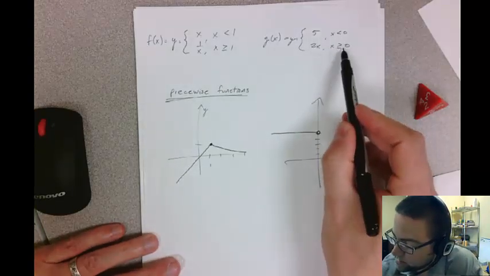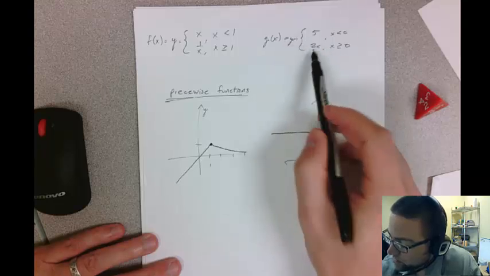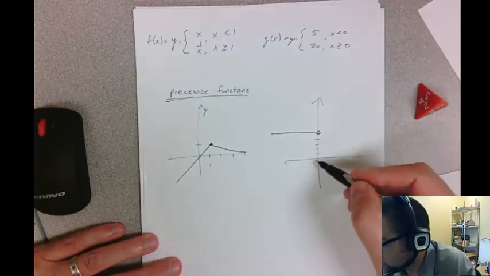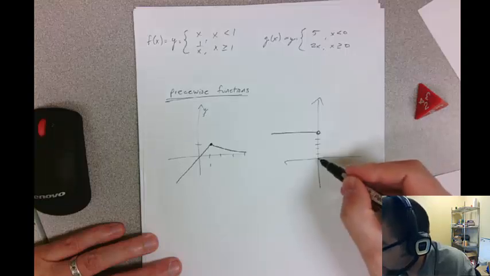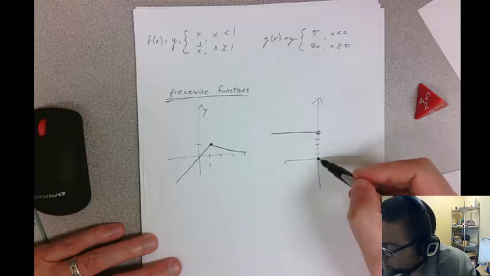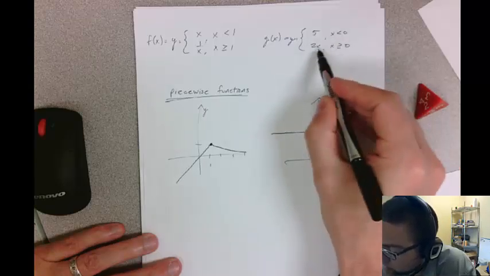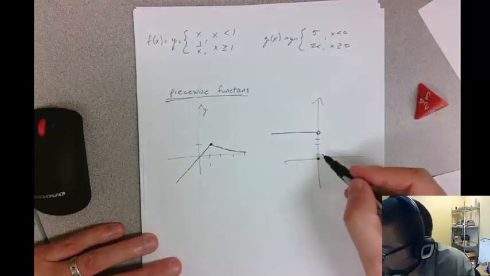And then when x is equal to 0, we go to this function, y is equal to 2x, which is a line going through the origin. So we're going to do a filled-in circle there. When x hits 0, y is equal to 0.